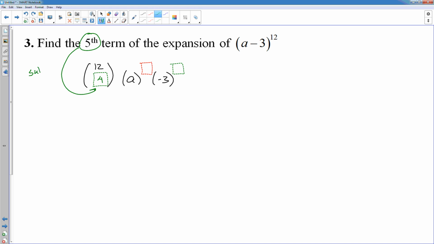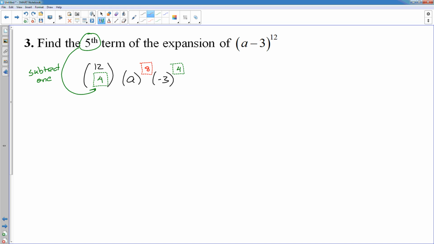So it's going to be 12 choose 4. And the number on bottom is also the same as the exponent on 3. And then I remembered that these two exponents on the a and the negative 3 have to add up to your original exponent. So this one has to be a to the 8th because these two need to add up to the 12th.